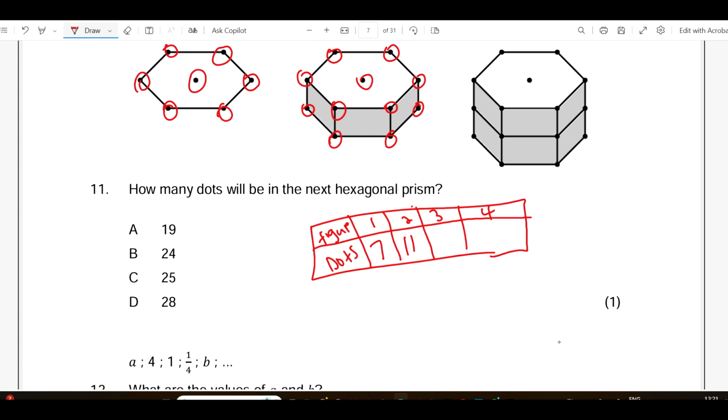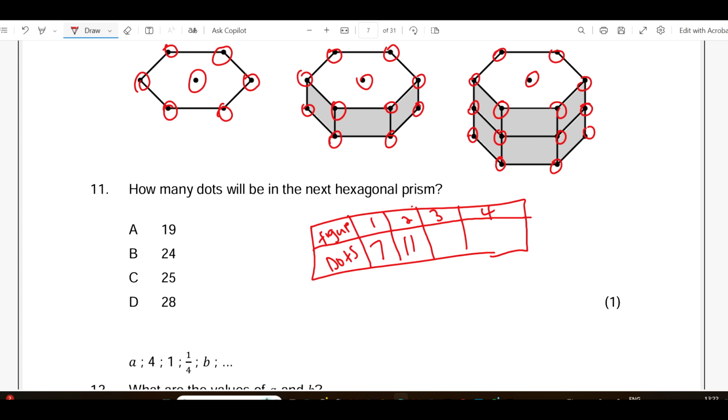In number 3, 1, 2, 3, 4, 5, 6, 7, 8, 9, 10, 11, 12, 13, 14, 15.